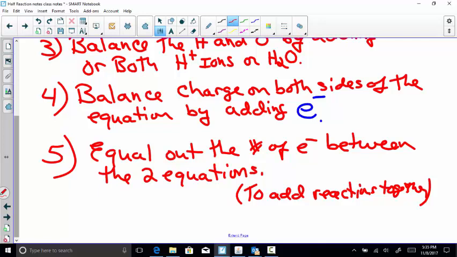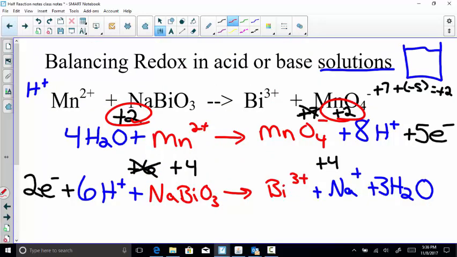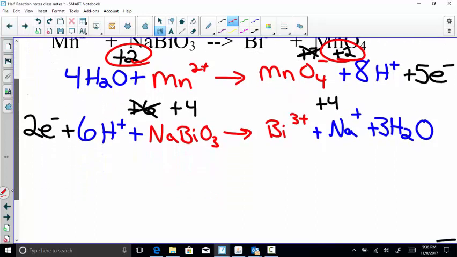That is our ultimate goal. So we need to equal out the number of electrons between the two equations. Okay, so that means I have to look at both of these equations, and I have 2 electrons here, and I have 5 electrons there.